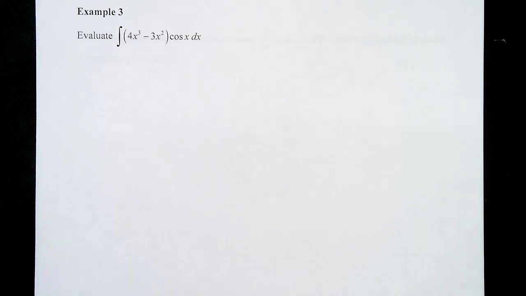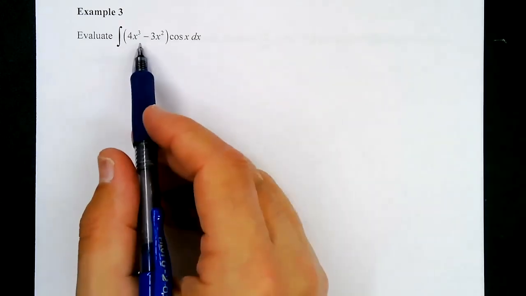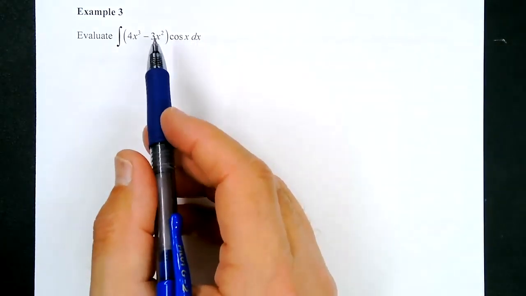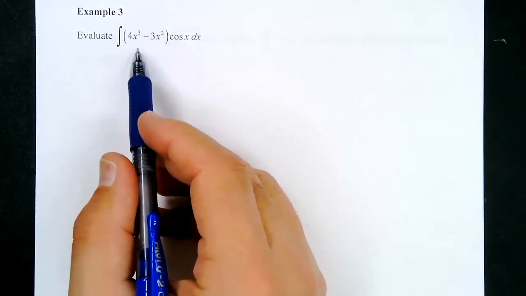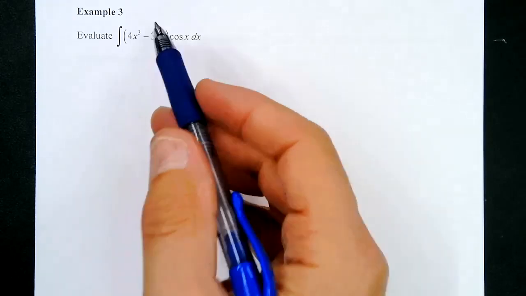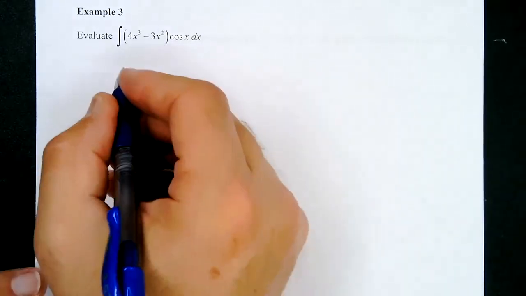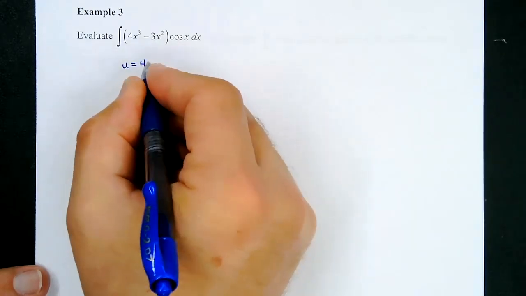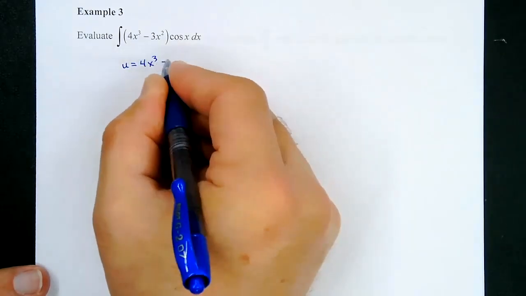So this next example, we want to integrate 4x cubed minus 3x squared times cosine x dx. Take notice, this is a polynomial, right? So this is one where we could do tabular integration. So we're going to let u equal 4x cubed minus 3x squared.